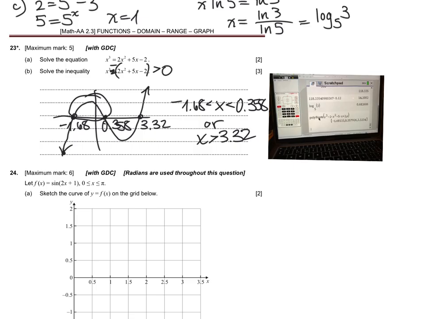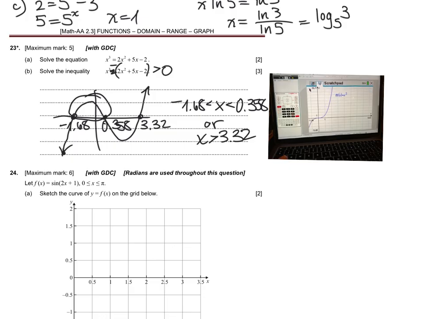Okay? If we were doing this by the graphing calculator way, all right, clear that. What we can do is we can put in x cubed. All right, there's x cubed.